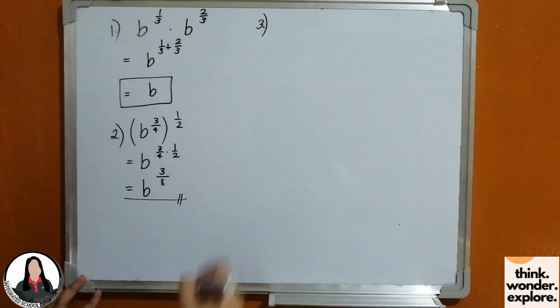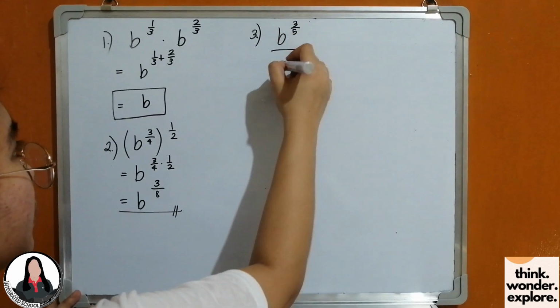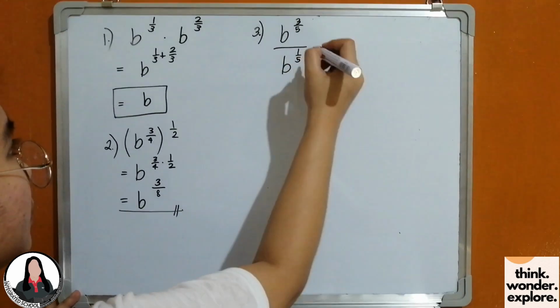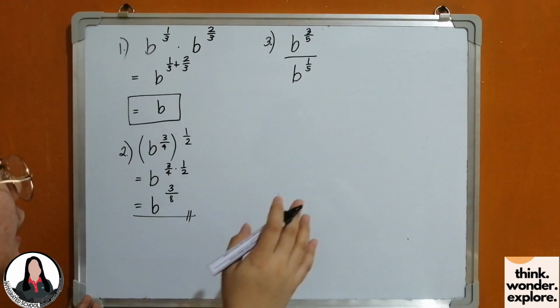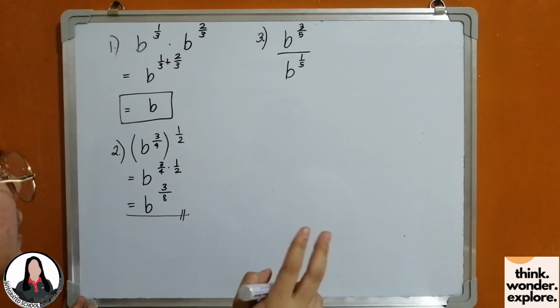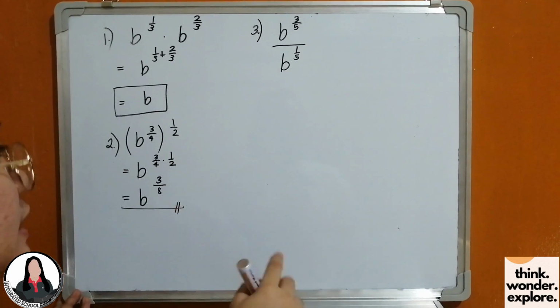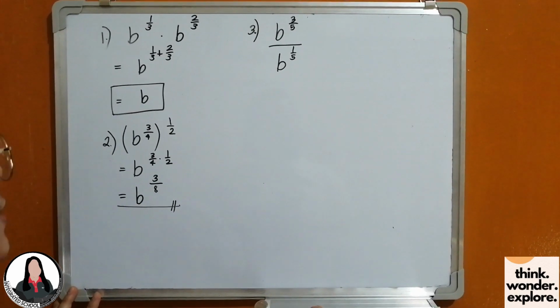Third example, we have b raised to 3/5 all over b raised to 1/5. According naman to sa quotient rule, when we are dividing two expressions with the same base, we just have to subtract their exponents, given that the exponent of the numerator is greater than the exponent of the denominator.